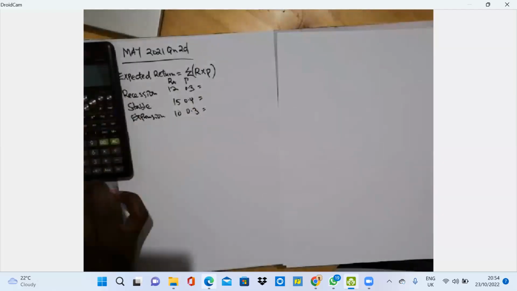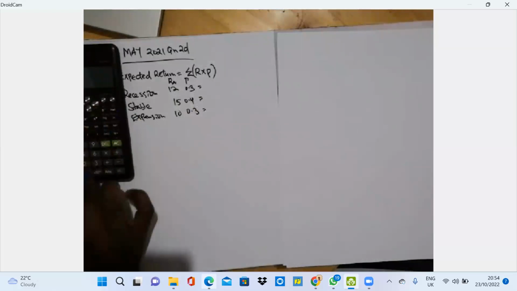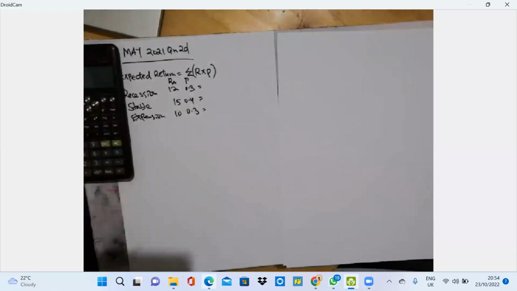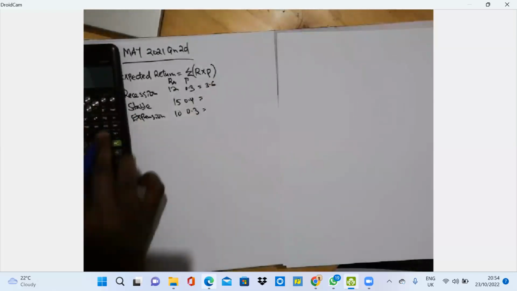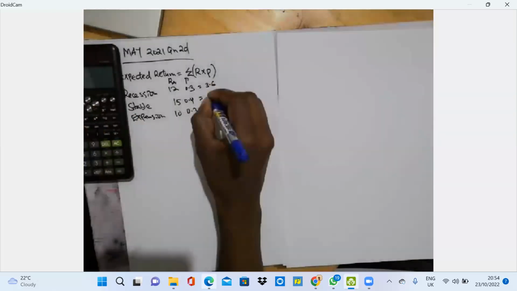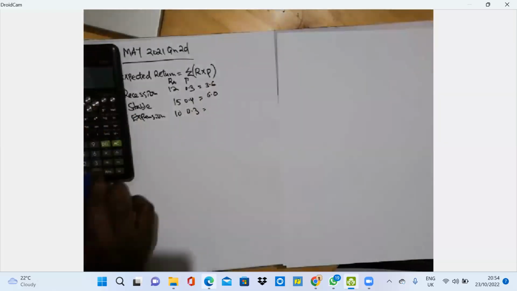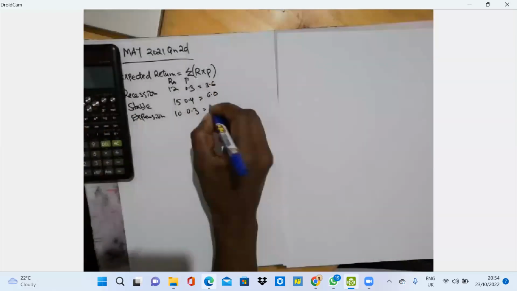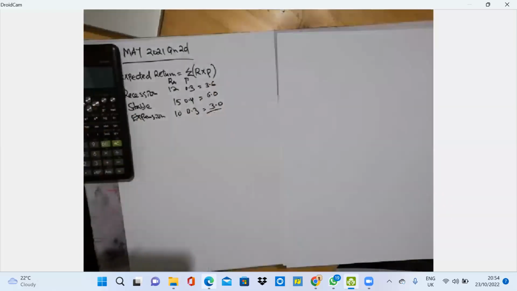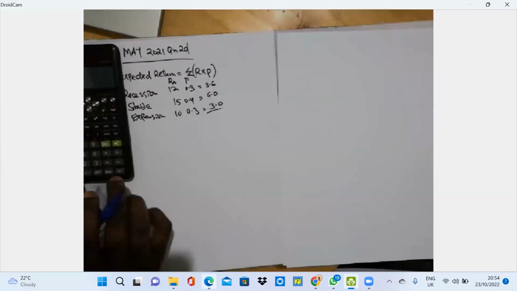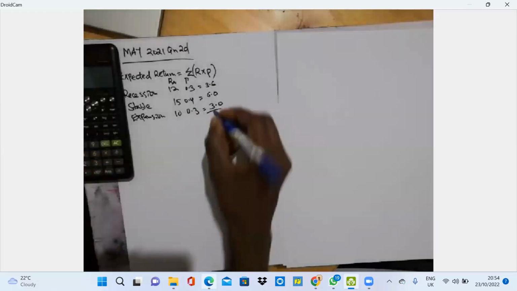For expected return we have 12 times 0.3, that is 3.6; 15 times 0.4, that is 6.0; 10 times 0.3, that is 3.0. So that is 3 plus 3.6 plus 6, which is 12.6.